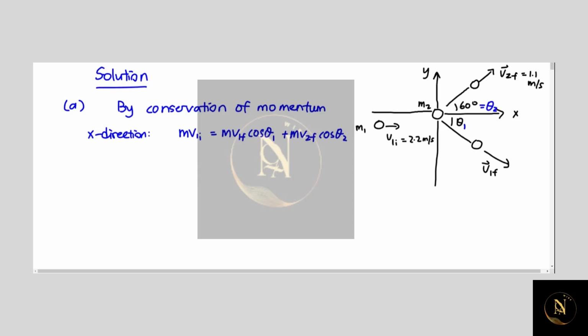Here you can cancel the m, so you have 2.2 is equal to v1f cosine theta 1 plus 1.1 cosine 60 degrees, or you get v1f cosine theta 1 is equal to 1.65. This is our first equation.